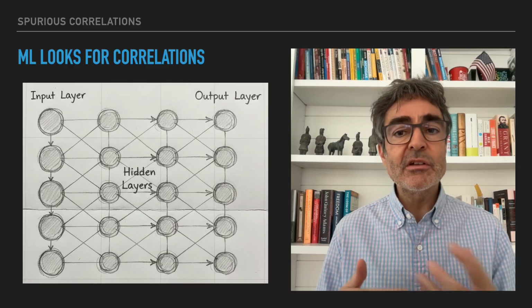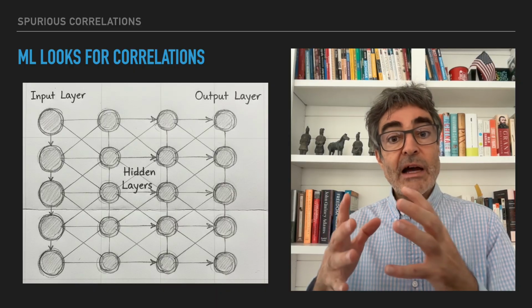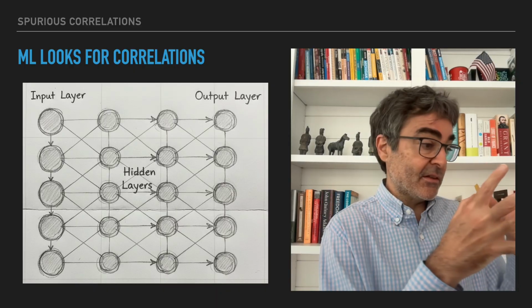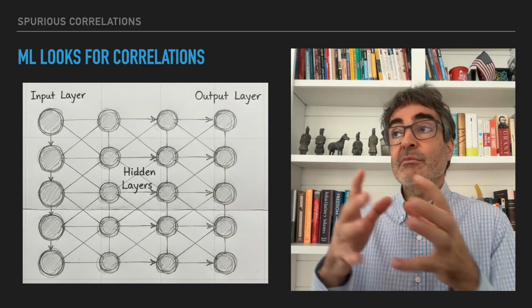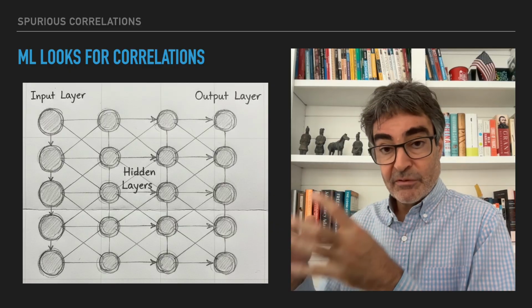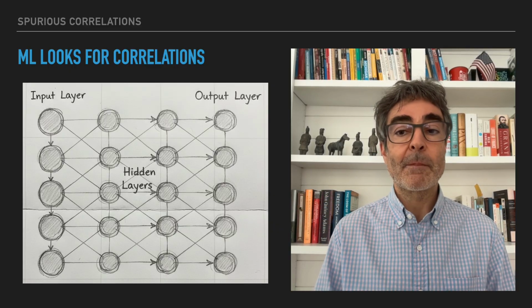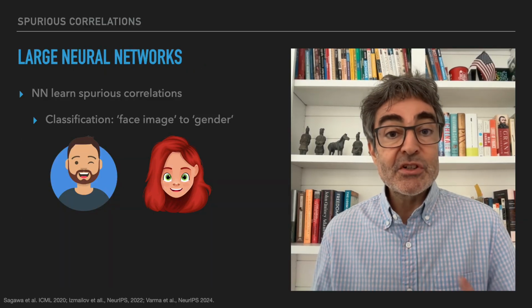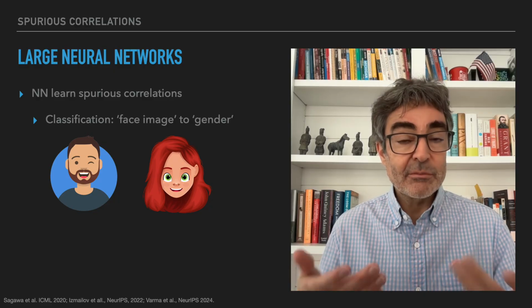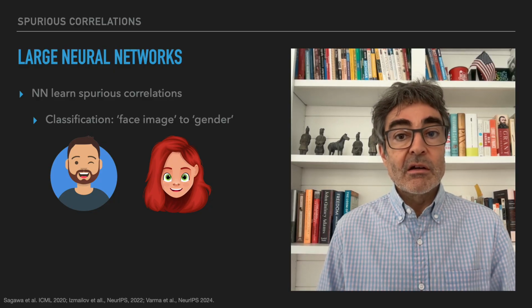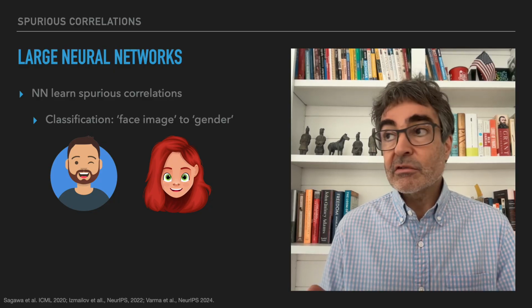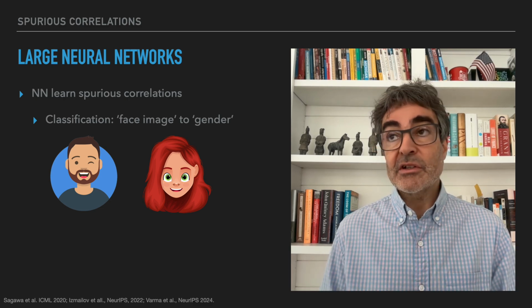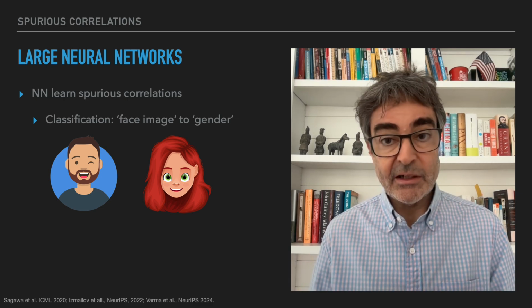Here, what the machine learning model is trying to do is to find correlations between the pixels in the input image x and the symbolic output variable y. The problem with this is that machine learning algorithms like a neural network find these correlations or extract these correlations from training data.